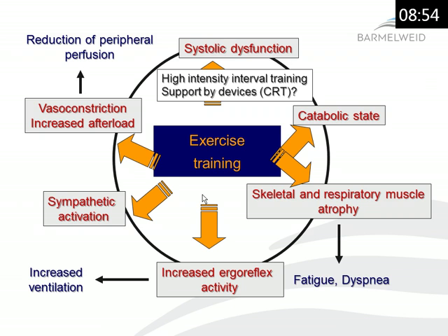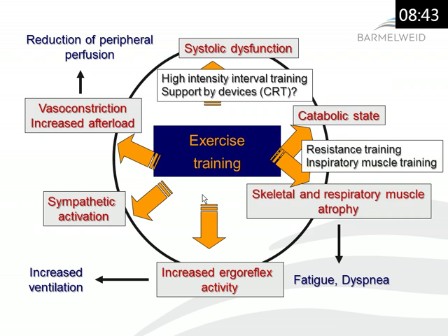They are candidates for CRT. CRT is also something which is very well improving ejection fraction, especially if combined with a training program. Then we have resistance training and inspiratory muscle training, in particular to improve skeletal and respiratory muscle atrophy, and then the endurance training, which is more working on ergo-reflex and sympathetic activation.